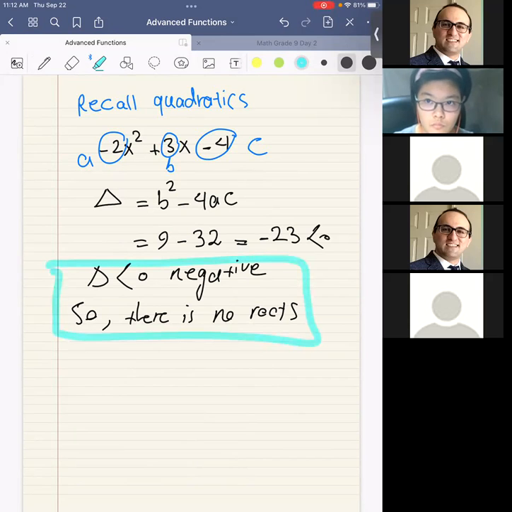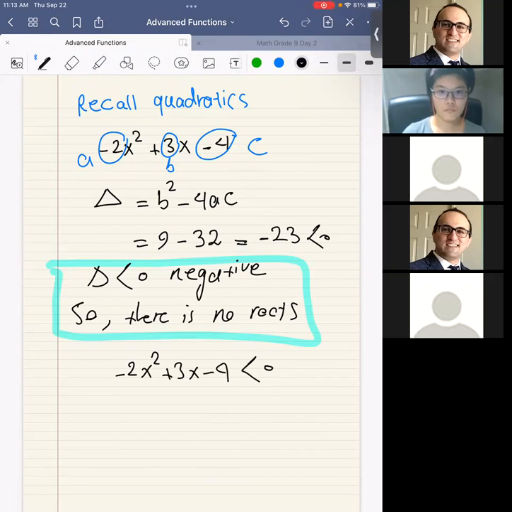Okay, and because there are no roots, this expression has to be always positive or always negative. Now you look at the coefficient of x squared. What is the coefficient of x squared? -2. It is negative. So minus 2x squared plus 3x minus 4 is always negative.